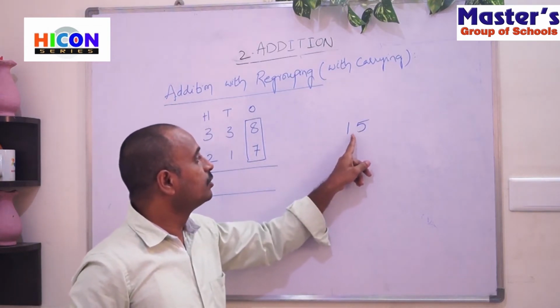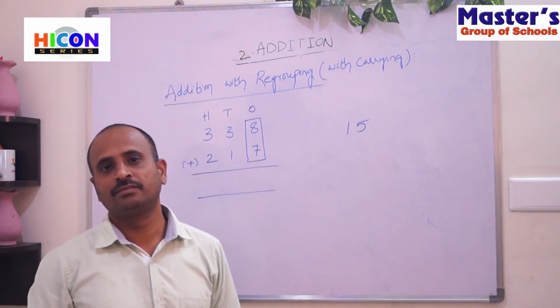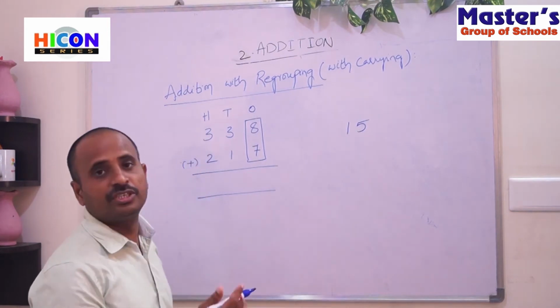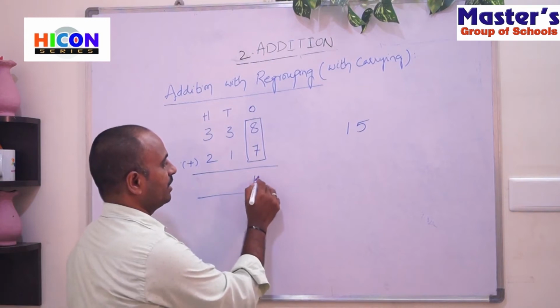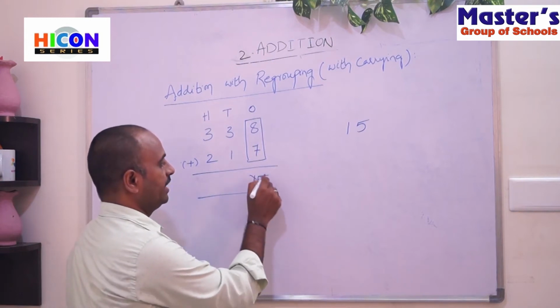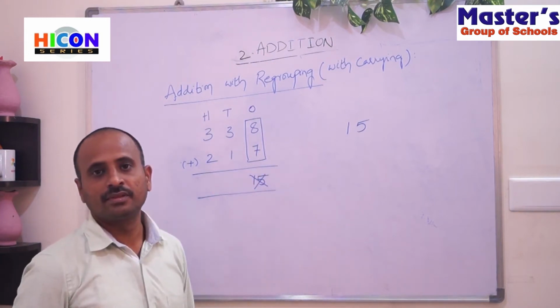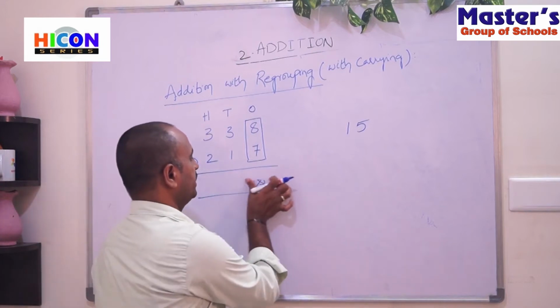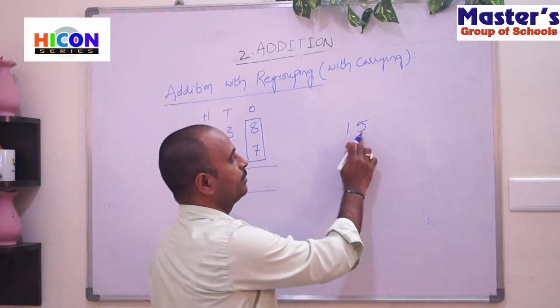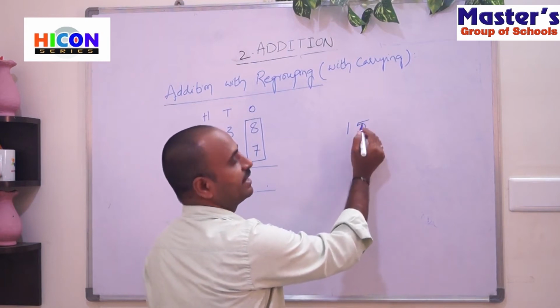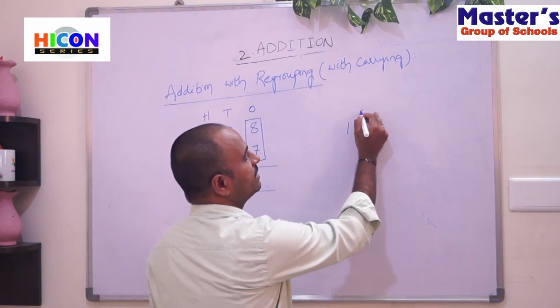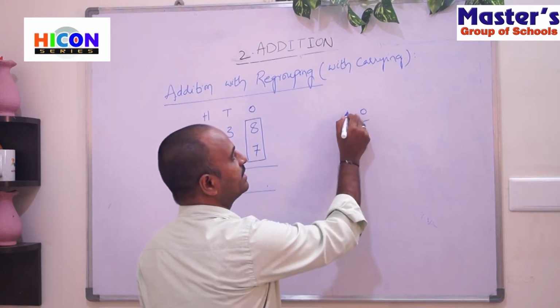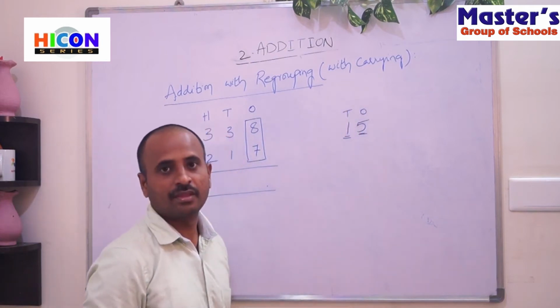That means a 2-digit number is obtained. Then how do we write a 2-digit number in this place? We should not write 15 here. In 15 there are ones and tens. Here 5 is in the ones place and 1 is in the tens place.